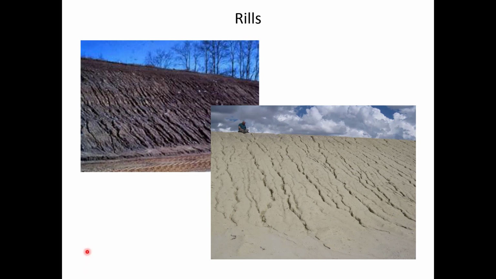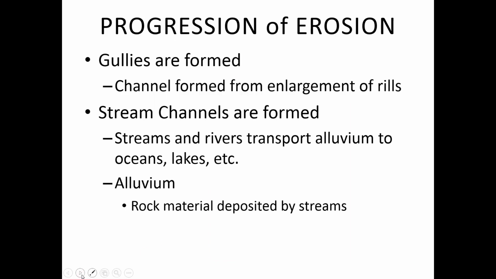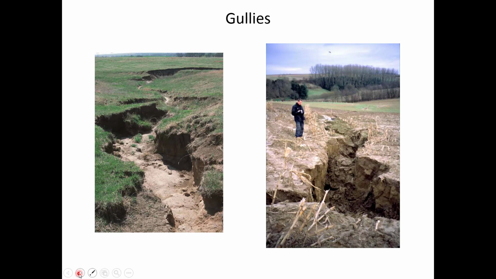These are just pictures of rills. When you have sheet erosion, water tends to accumulate or combine with itself to make these channels. It doesn't stay as sheet flow forever. It does tend to form these channels, which then further dig in and concentrate the erosion until you get to the point where you've got gullies.